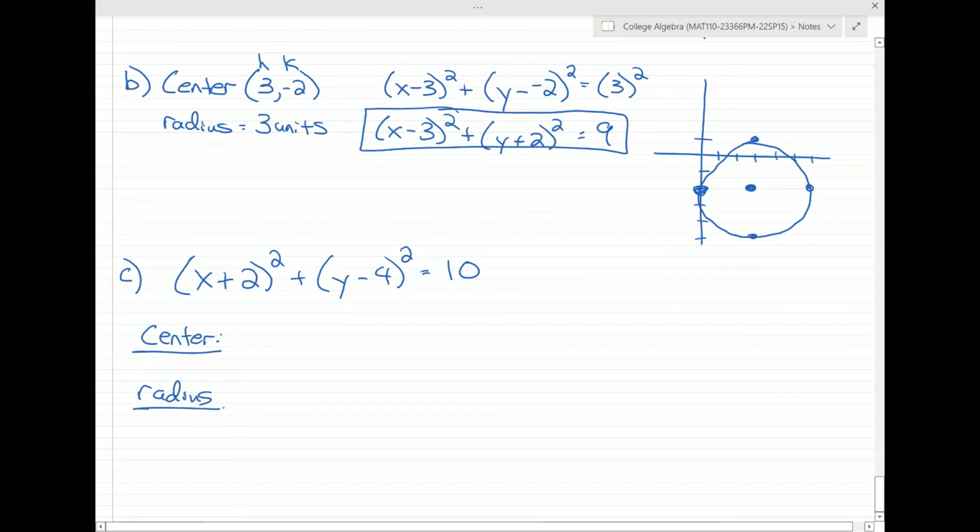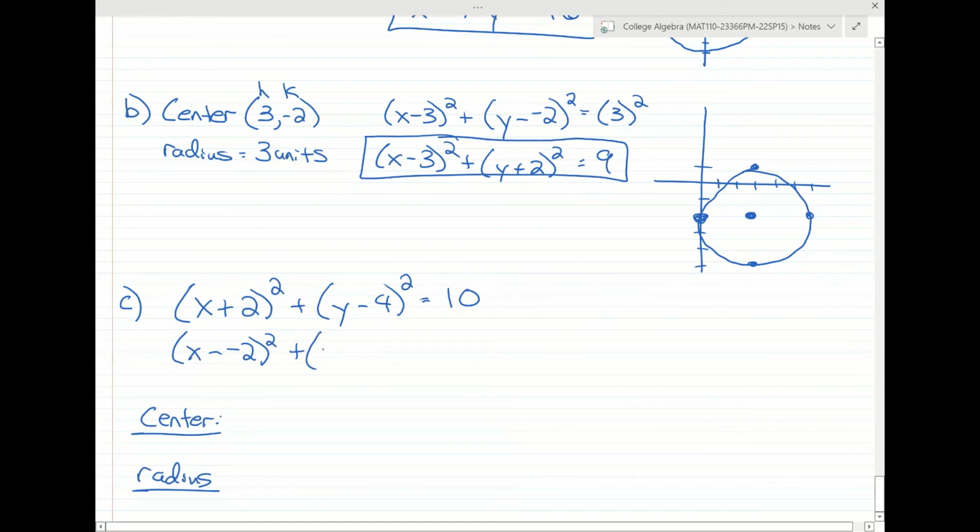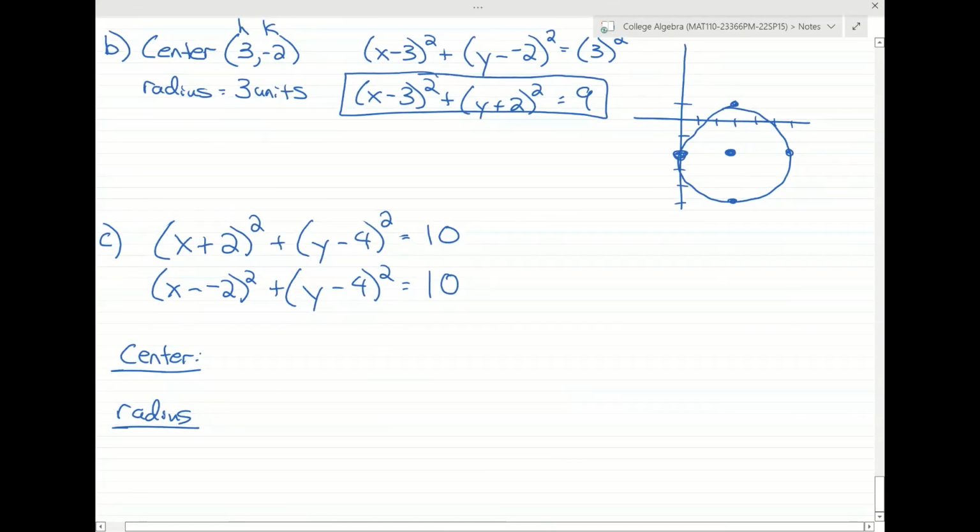Remember, when we're doing this, it's x minus the h value, so this is really just x minus negative 2. When I'm doing these equations, I tell people just take the opposite of whatever's inside. If it says x plus 2, we're going to go with negative 2. If it says y minus 4, we're going to go with positive 4.